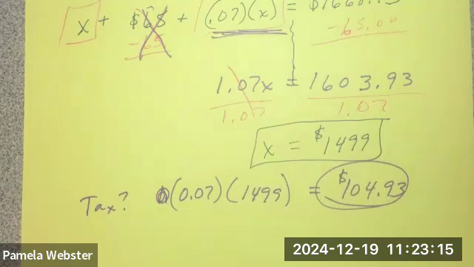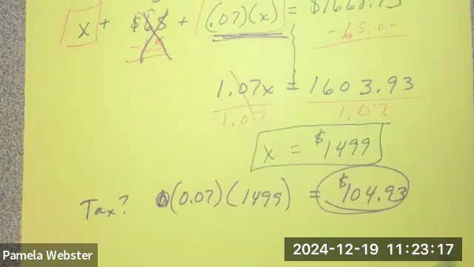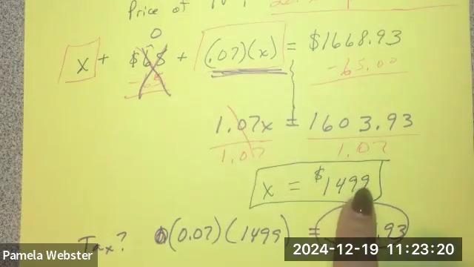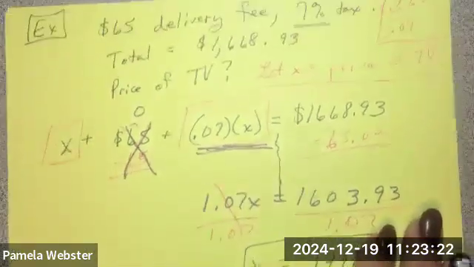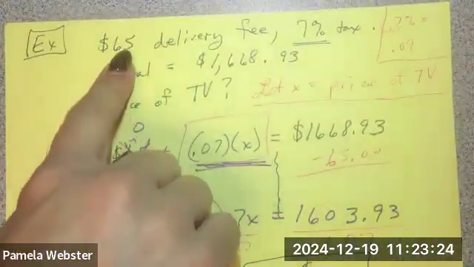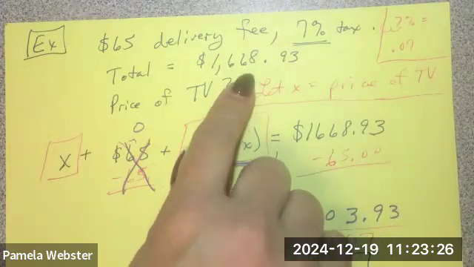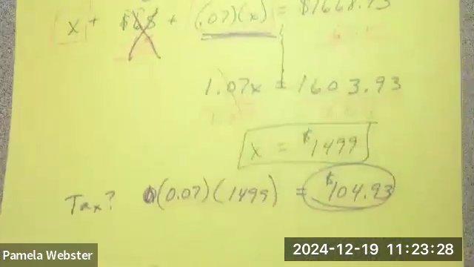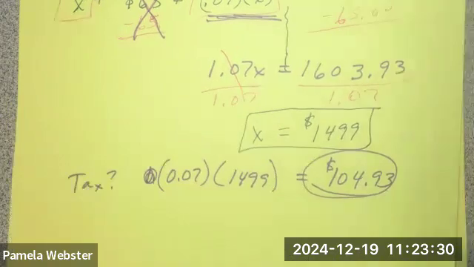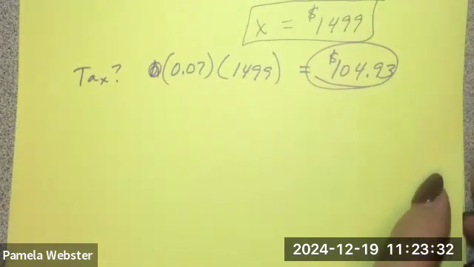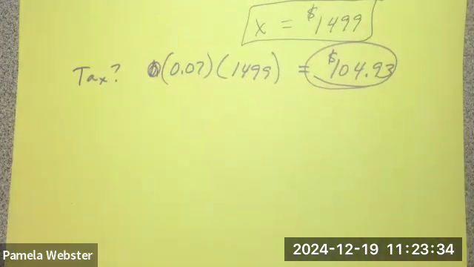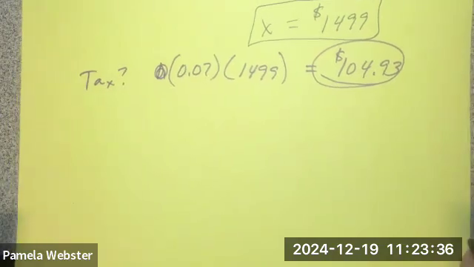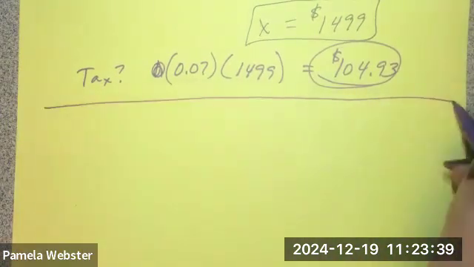So what you should be able to do now, if you wanted to, is add the price of the TV plus the price of the tax plus the $65 delivery fee, and you should come out with $1668.93. Okay, so that's another check for you if you would like to. Hey, let me make sure I've got everything correct. Yep, you sure do. All right, that's good.